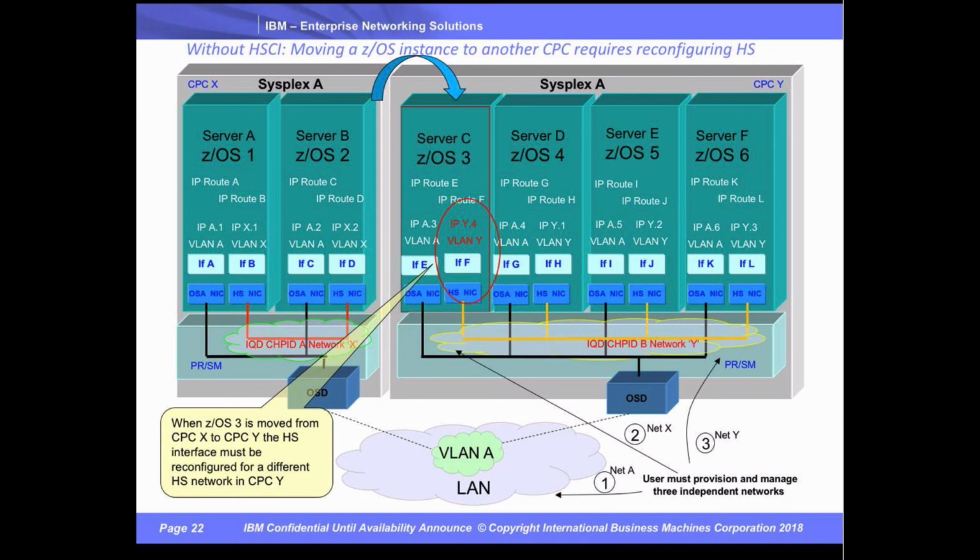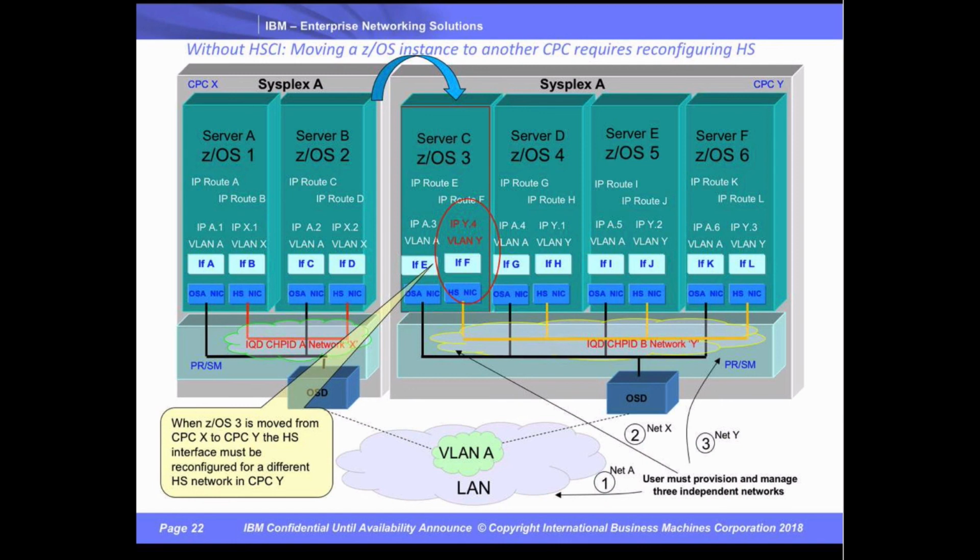The administrator either had to use system symbolics to substitute that IP address, which you can do, or just reconfigure it, or use some type of scripting to reconfigure that IP interface to address that unique internal network in the other system. That doesn't seem so bad unless you're doing this daily. What we found is customers struggled with this notion that, yeah, HiperSockets is great, but when I move my systems around, I have to stop and do something, and that creates some usability issues for our users.